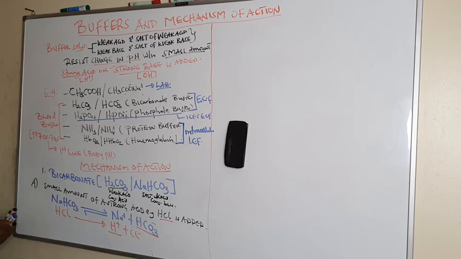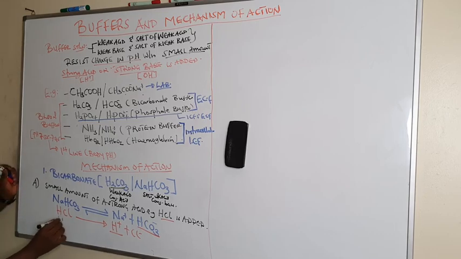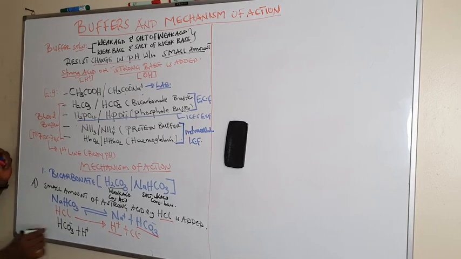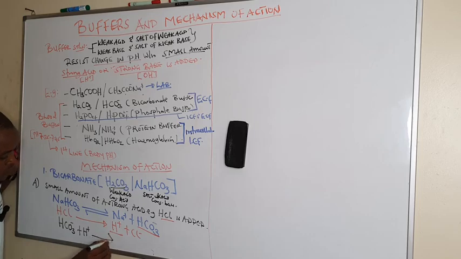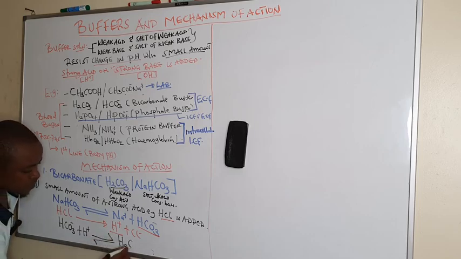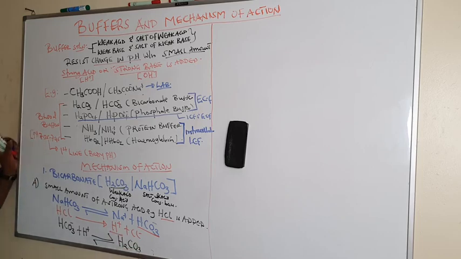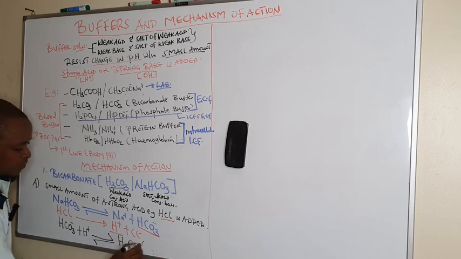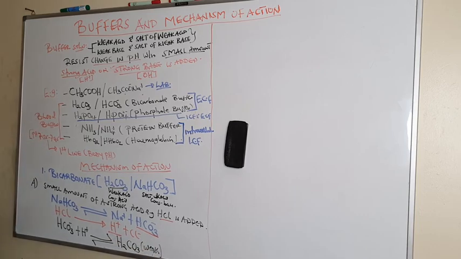and we are going to end up getting the bicarbonate which was produced reacting with the hydrogen ion liberated from the acid, and we form weak carbonic acid. So this carbonic acid formed is a weak acid.